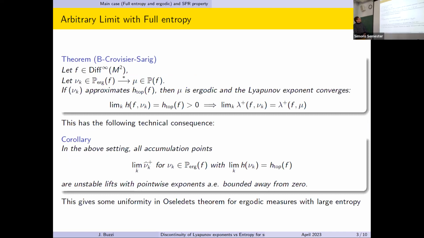So that was the main case. Now why did we want to have this case?